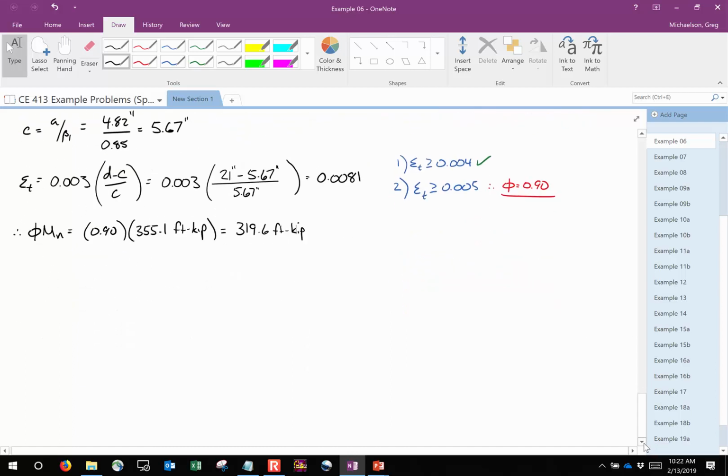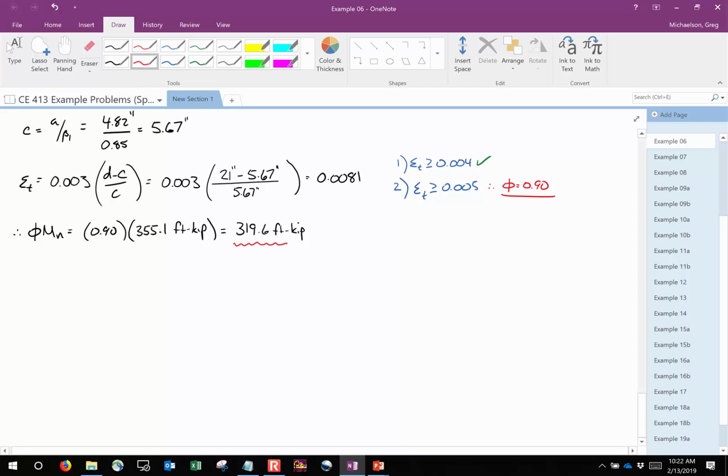Okay. Now, there is only one check left that we need. Well, first off, is the beam good so far? Is it a safe design? How would we tell? We compare our factored moment to our factored capacity.